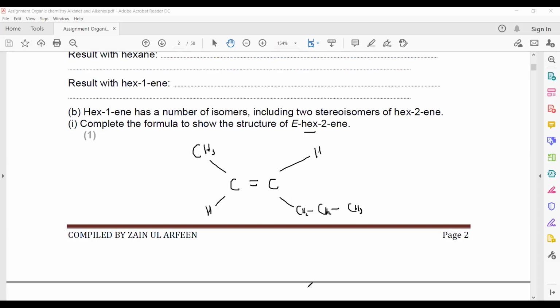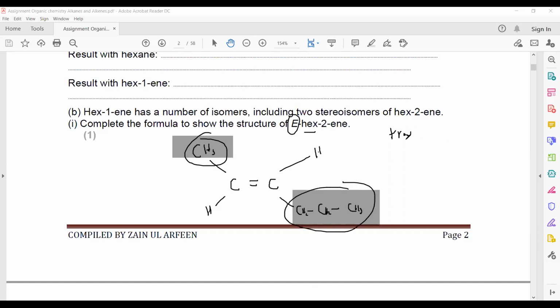The geometrical isomer of E-hex-2-ene. E means the heavy groups should be on different sides. When we compare hydrogen with CH3, CH3 is heavy. When we compare CH2, CH2, CH3 with hydrogen, CH2, CH2, CH3 is heavy. But I cannot say this is trans. Why? Because the heavy groups are not the same type.